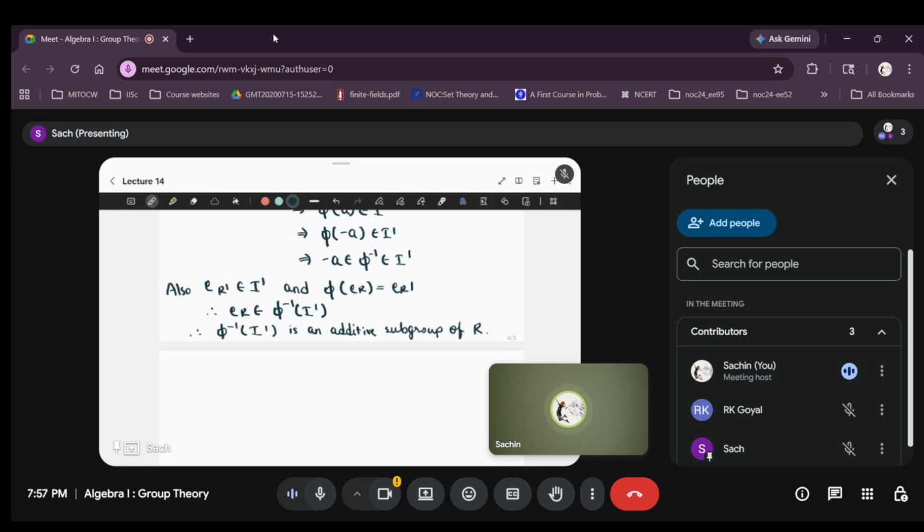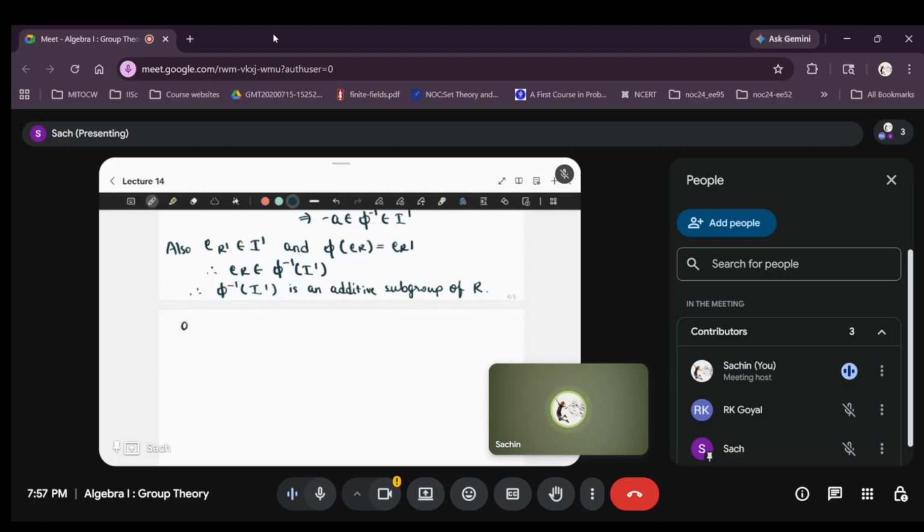That part is clear, right? Now to consider the second property of an ideal. Suppose A is in phi inverse of I prime and r is any arbitrary element in the ring.